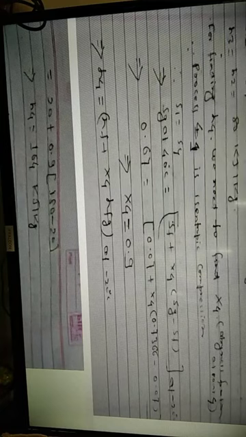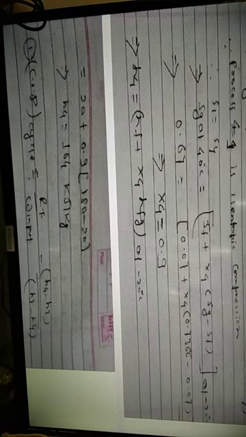Since we have calculated the dryness fraction at point 4, we can calculate H4, the enthalpy at point 4. H4 is equal to HF plus X4 into HFG. This is at minus 20 degrees centigrade, because this is the condition of the evaporator, and the evaporator runs at lower temperature, right?